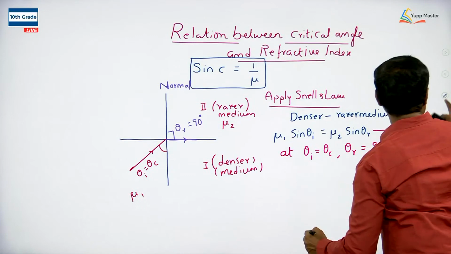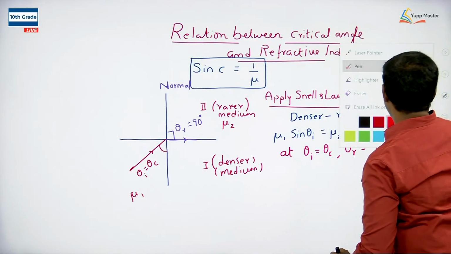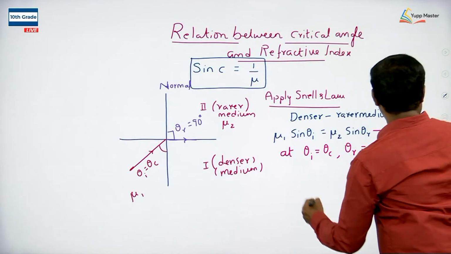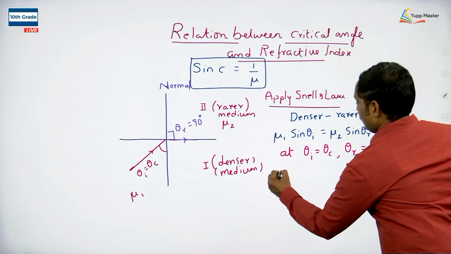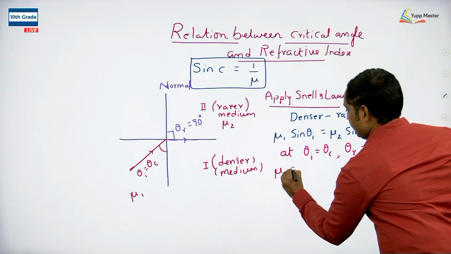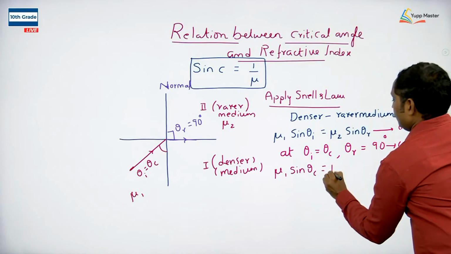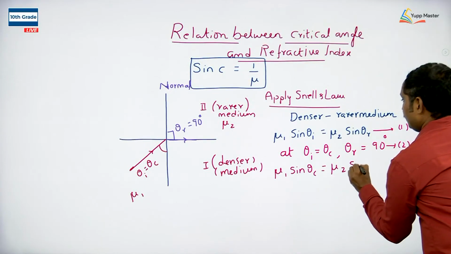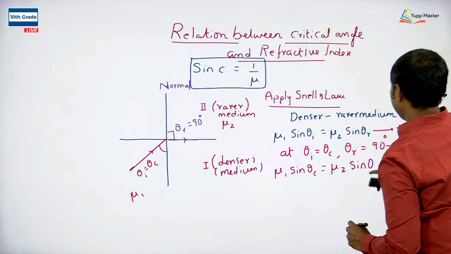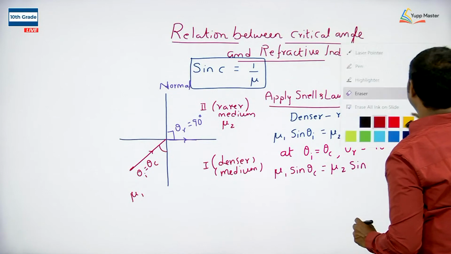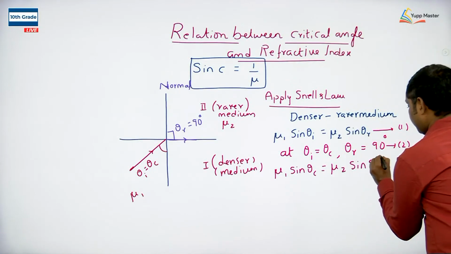That is, mu 1 sin theta c is equal to mu 2 sin 90 degrees.